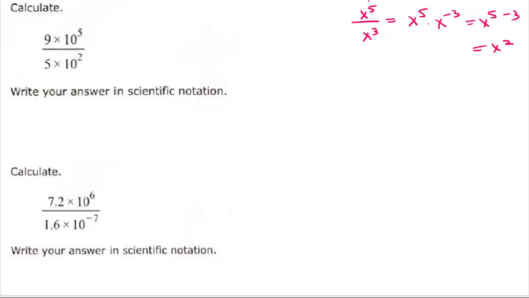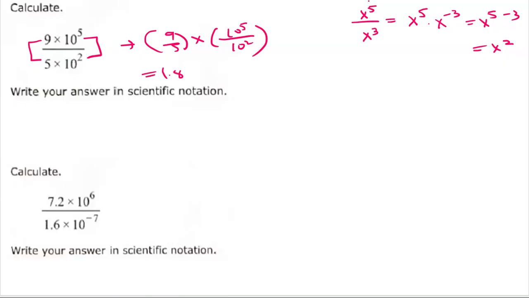All right, so again, for this one I want to match the ones that have no powers and then match the ones with powers. So in this case, I'll have 9 divided by 5 times that by 10 to the 5th divided by 10 squared. So 9 divided by 5 is going to give me 1.8.